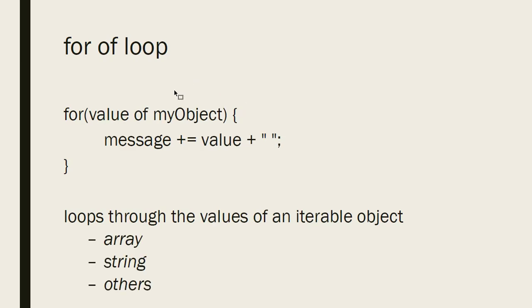We learned about the for of loop, and that this loop will loop through the elements of any iterable object. So arrays certainly count. We saw a demonstration of strings and how to loop through each individual character in a string. But there are lots of objects that are iterable, and so the for of loop can move through any of those types of objects.